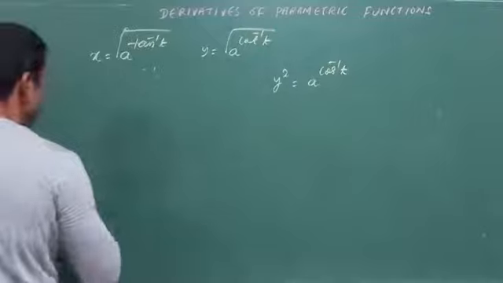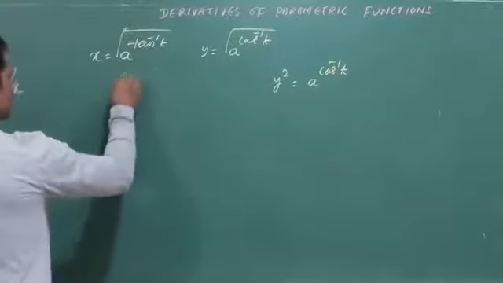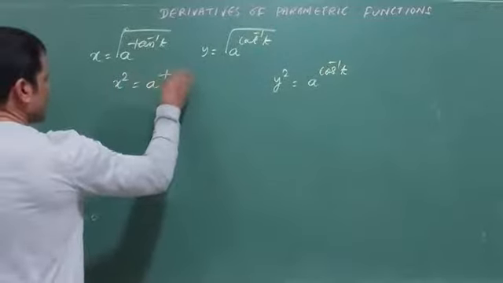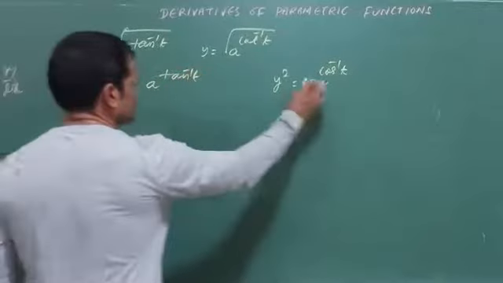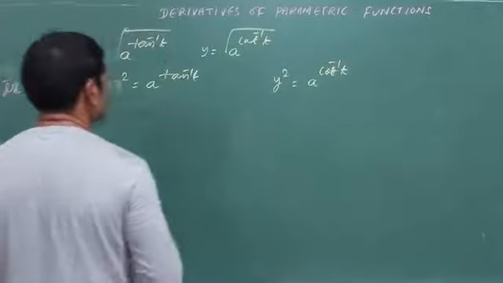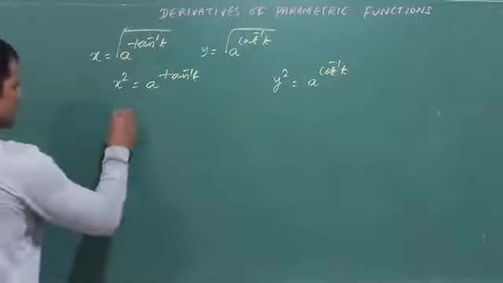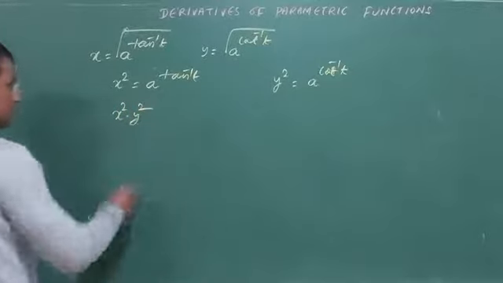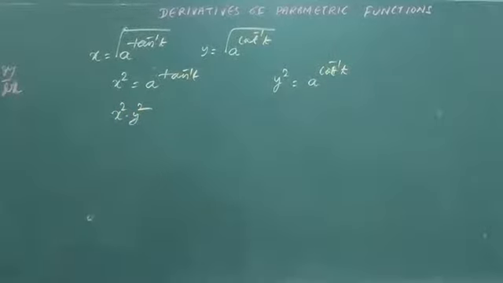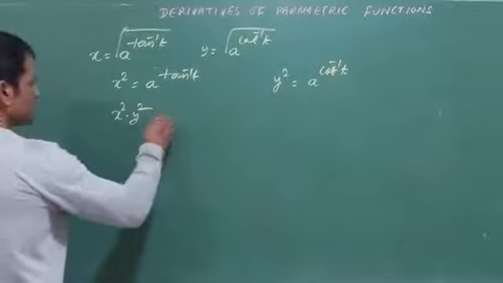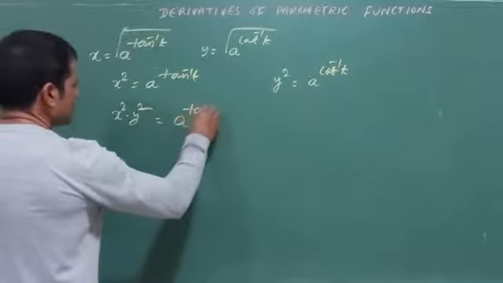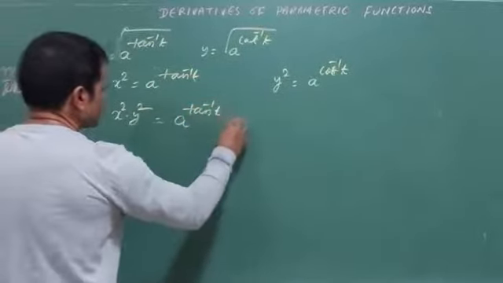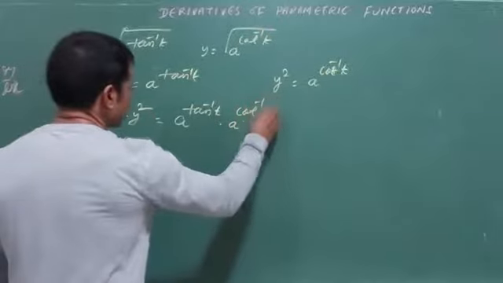In the other method, here also I write x² = a^(tan⁻¹ t), and y² = a^(cot⁻¹ t). Then I write x² into y², which gives you a^(tan⁻¹ t) times a^(cot⁻¹ t).